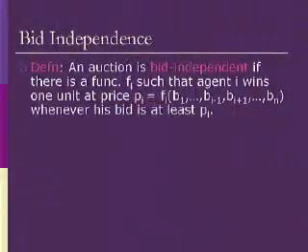Okay, another powerful theorem from this field that we're going to use a bit in the talk is the notion of bid independence. I call an auction bid independent if there is some function, which can depend on the other bidders, such that an agent wins 1 unit of the good at price pi equal to this function whenever his bid is at least pi, and this function is independent of his bid.